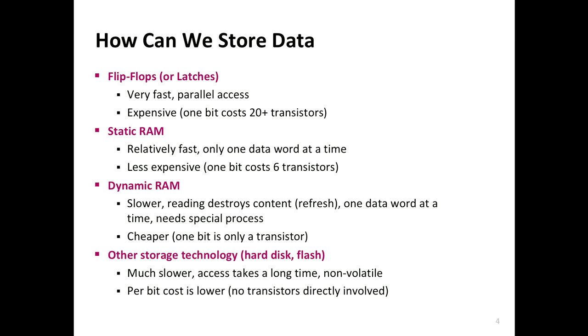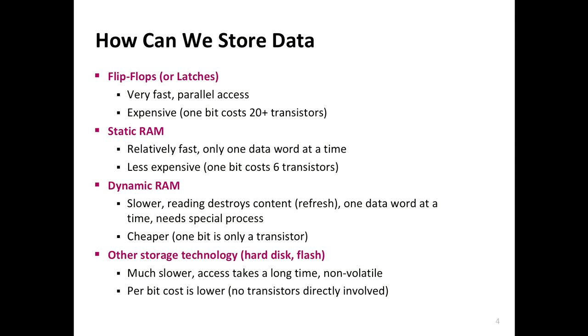One flip-flop holds 1 bit, and is also expensive. Building a flip-flop, do you remember the architecture? You have a couple of AND gates, so it involves a number of transistors, and you have this feedback loop and so on. Since it involves a number of transistors for just storing 1 bit, it's expensive.